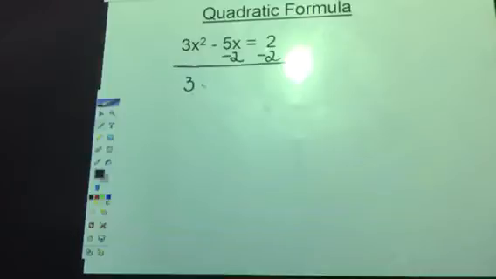So now 3x squared minus 5x minus 2 is equal to 0. Now it is in standard form, which is ax squared plus bx plus c. So now this is our a, our b, and our c. Let's substitute it into the quadratic formula.